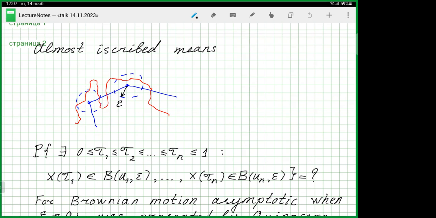It occurs that for Brownian motion such asymptotics can be found, and it was presented maybe exactly a year ago by Kingston at our seminar.